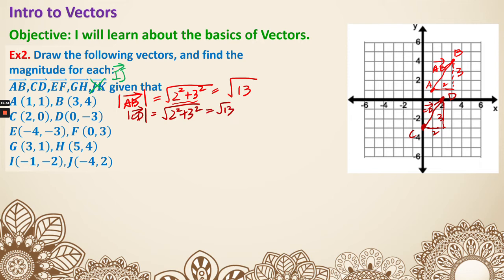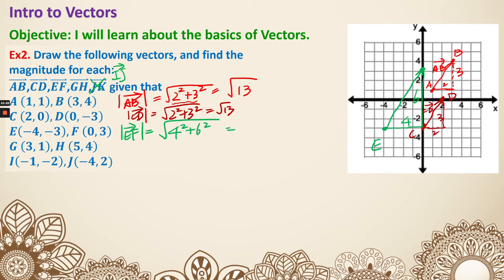Again. Next, EF. Let's start with E. E is negative 4, negative 3. So E is right here. F is 0, 3, which is right here. So I can connect them. Then I may find the right triangle I'm looking for. That part is a 4 and that part is a 6. So the magnitude for EF is going to be square root of 4 squared plus 6 squared.